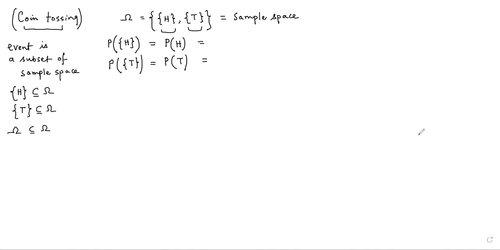Now, what are these values of probability of H and probability of T? What probability do we have for head and tail to occur in an experiment? Anybody, Ritika, tell me what will be the probability of head and probability of tail?